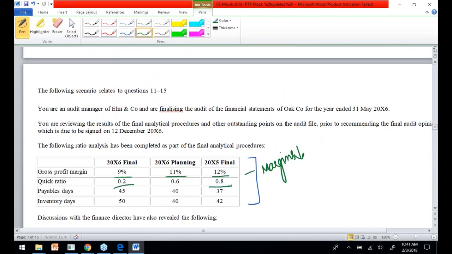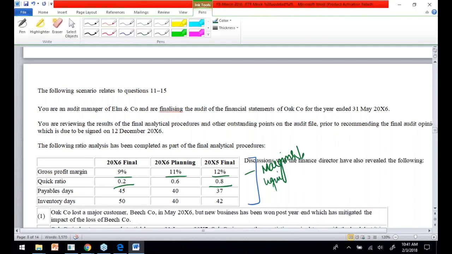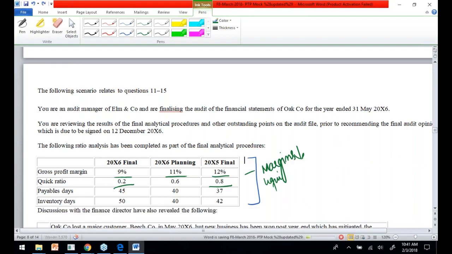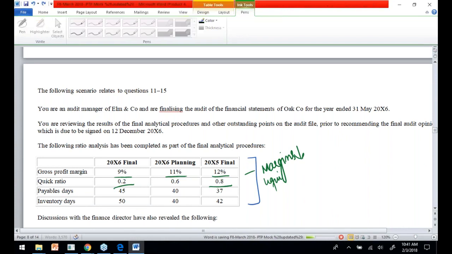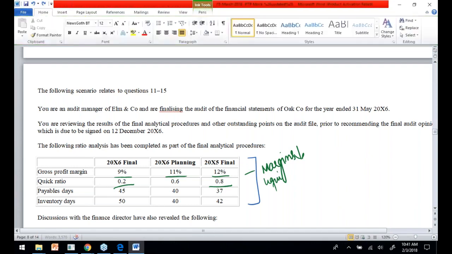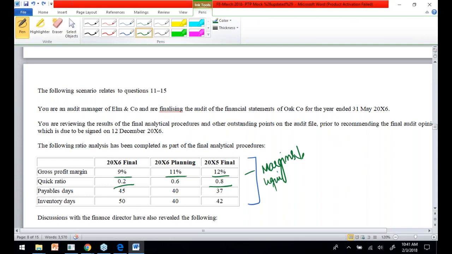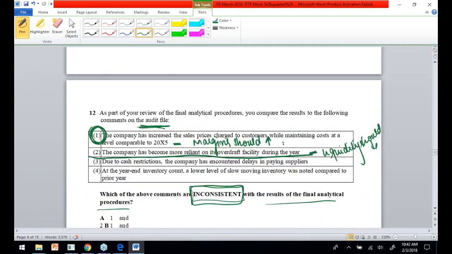Liquidity is, in fact, decreasing, which means this statement is consistent. This can't be in the correct option.